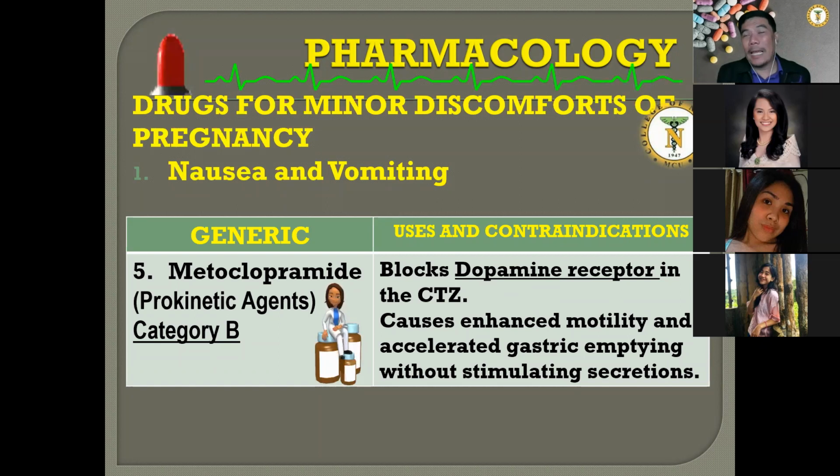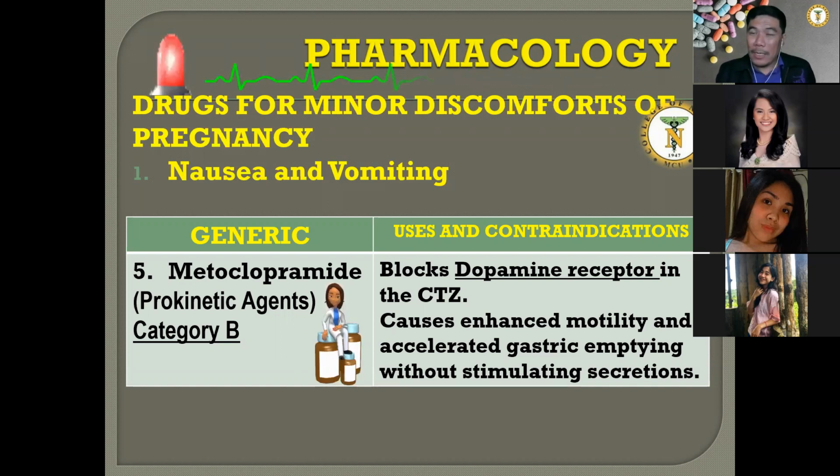This is a prokinetic agent. Pag sinabi natin prokinetic agents, it will induce kinetic movement. So, 'di ba remember na yung chances kasi that when the person vomits, that's an indication of clearance ng gastric content.